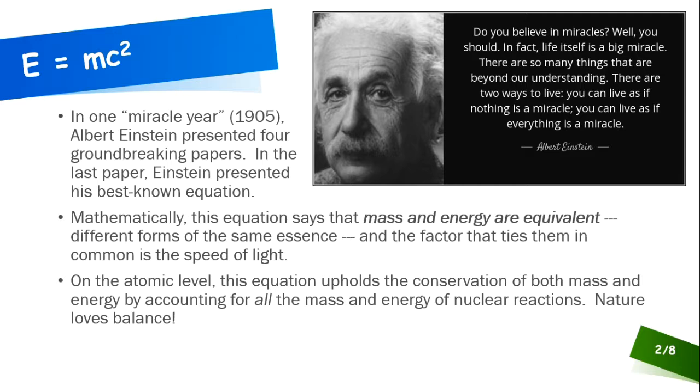Well, the mass has to be accounted for somewhere, and it gets transformed into energy. And this is how nuclear power works. We're basically taking the decay of matter where the mass is lowered, and the difference in the mass has been transformed into an increase in energy so that everything balances out.